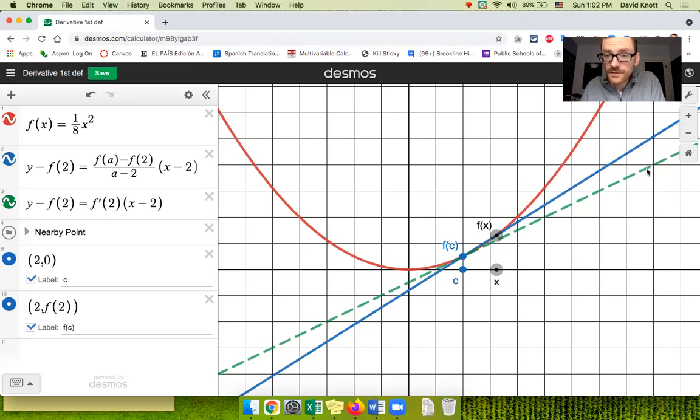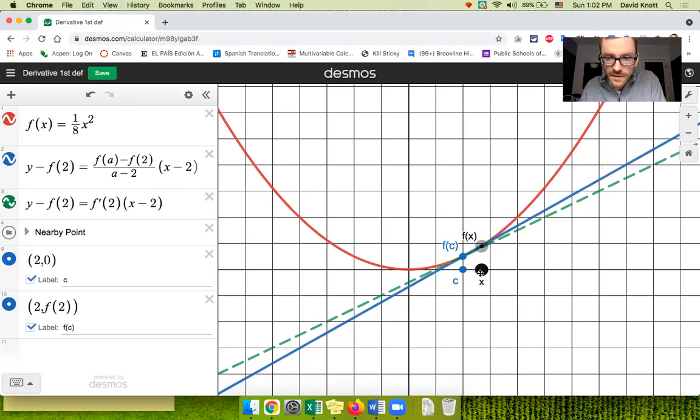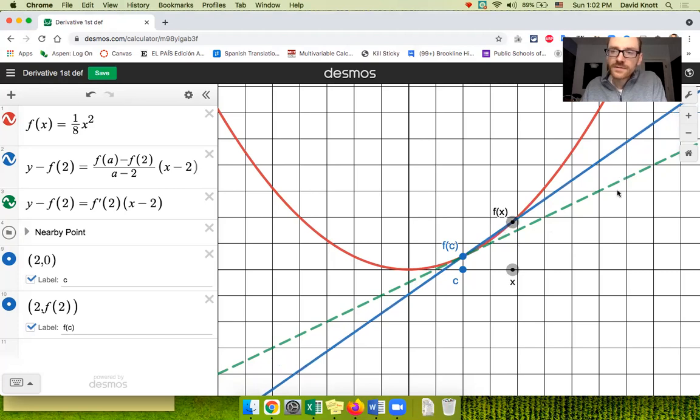It's closer, right? And if I drag x yet closer still to c, then you can see that the 2 lines begin to look really close. In fact, the closer that I bring x to c, the closer that this blue line gets to the green tangent line.